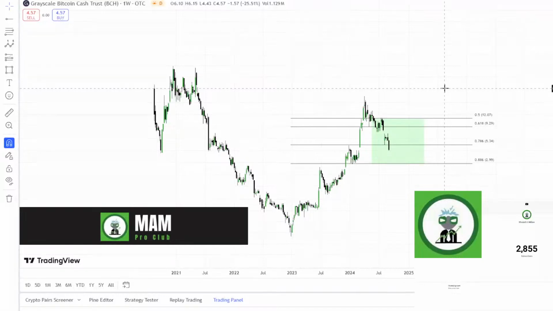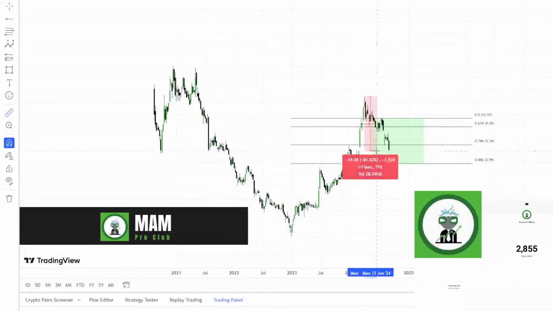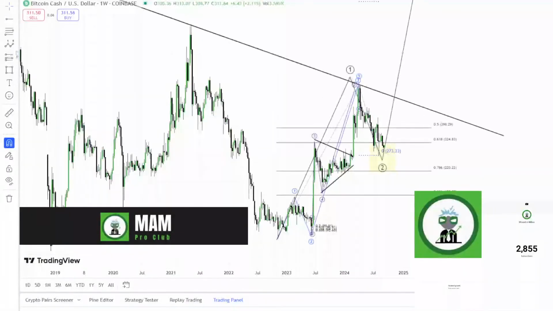Difficult one for me, to be honest, because this chart really doesn't give me much. It doesn't say buy me. From the top here, we're down 81%. And what does that compare to with Bitcoin Cash?